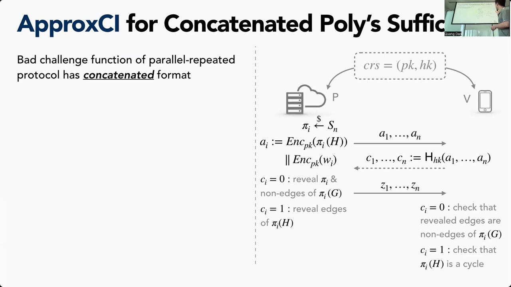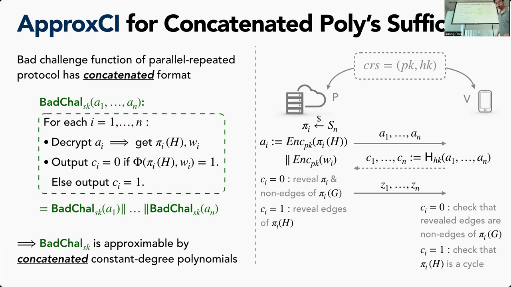To apply the Fiat-Shamir transformation, you just add this, and then you get all the challenges. And you notice now that this bad challenge function actually has the concatenated format. It is the concatenation of the bad challenge function applied to each of the first messages. And so we get the statement that we want.